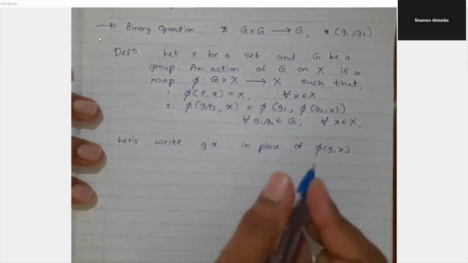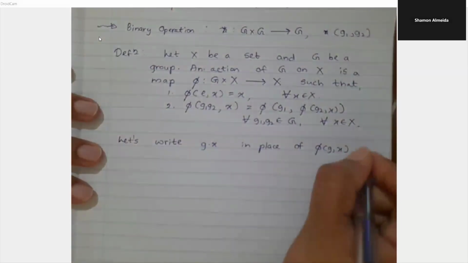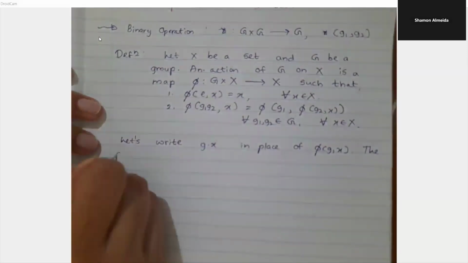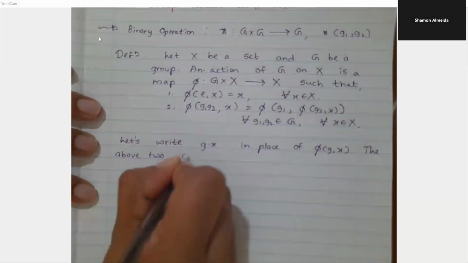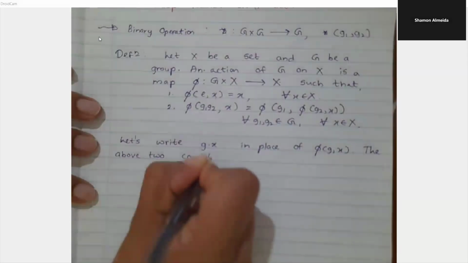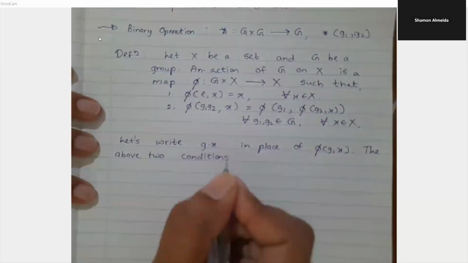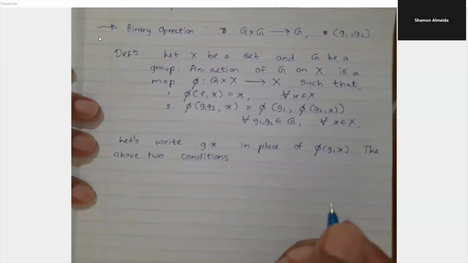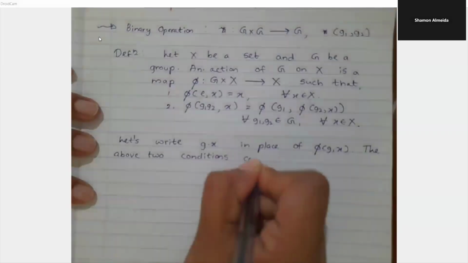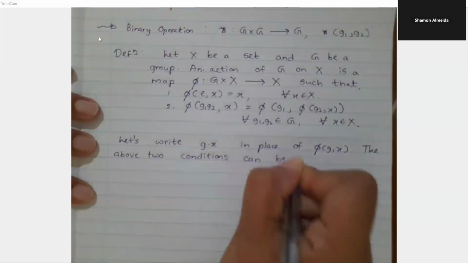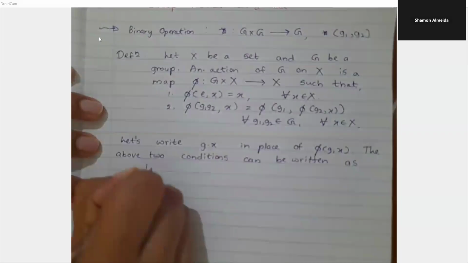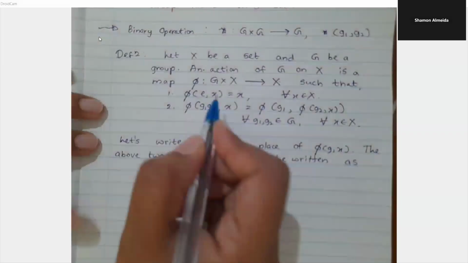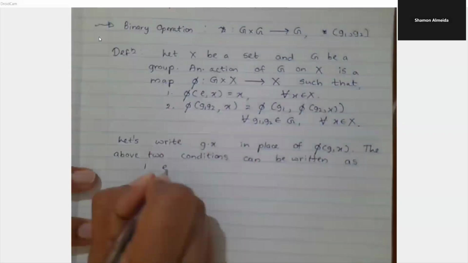So with this notation, the above two conditions can be written as: first one, phi of e, x, this simply will be e dot x.